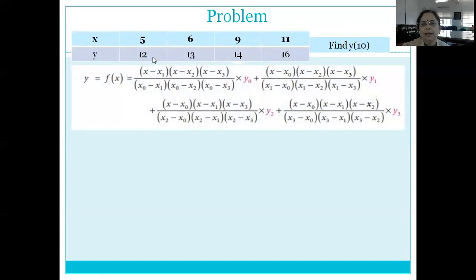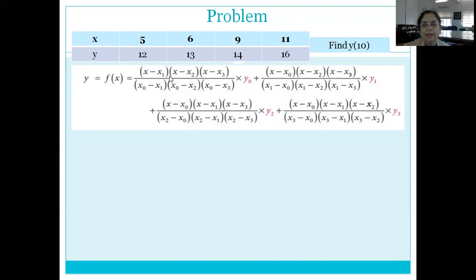Now, assuming that we call these data points x0, x1, x2, x3, we will be calling the function values y0, y1, y2, y3. Let us see how the function at the unknown data point is written. Unknown data point minus x1, unknown data point minus x2.